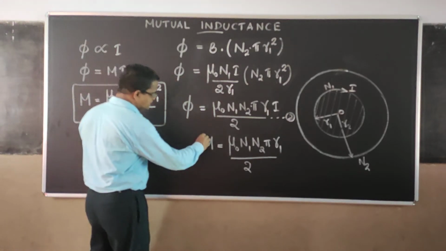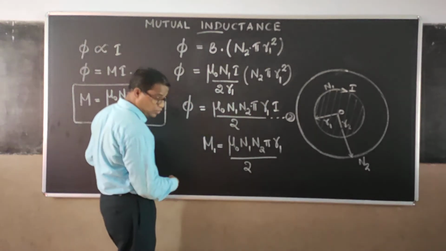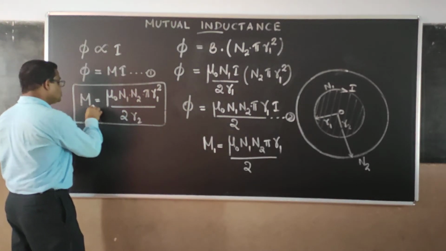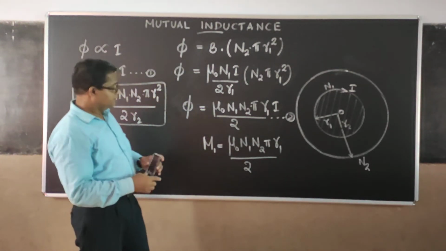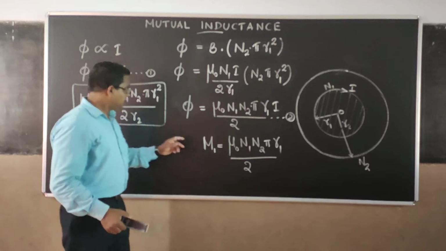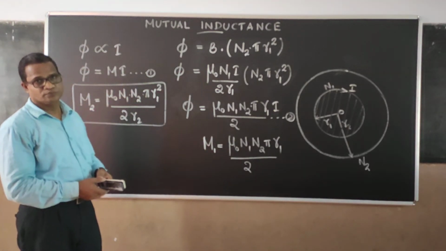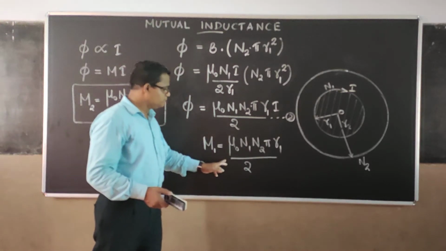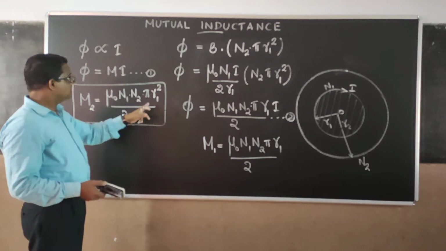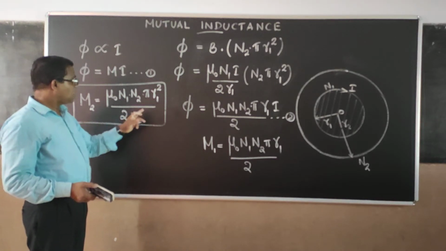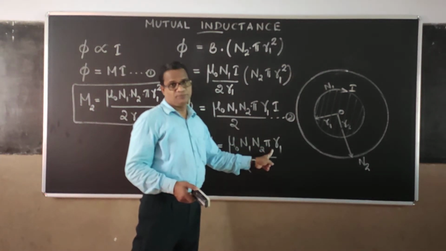So if I take this as M1, current flowing through the inner coil, and this as M2, the current flowing through the outer coil, then between M1 and M2 you find some difference. So inner coil and outer coil. But this difference is with what? The radii R1 and R2. Here only R1 is coming.